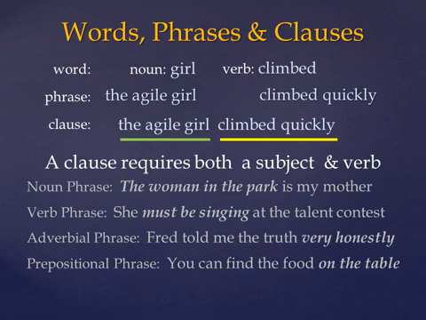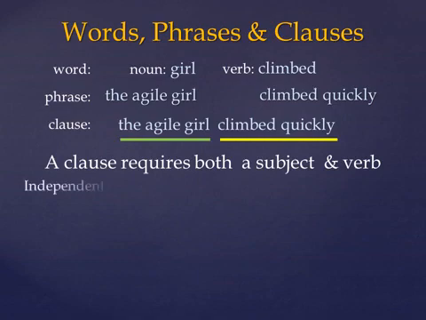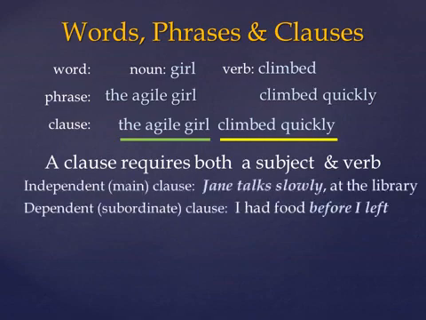So a sentence can consist in a single clause, i.e. a subject and a verb alone, or a combination of clauses combined by what are called conjunctions. And we can classify clauses in different ways. One way is by whether they can stand independently or not.